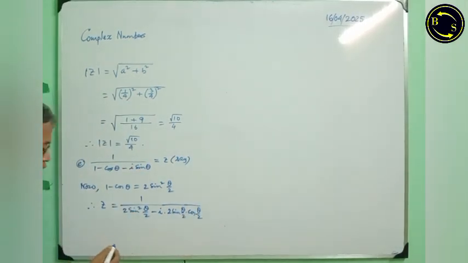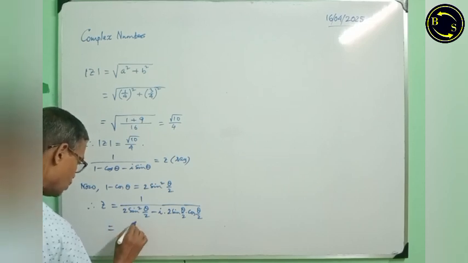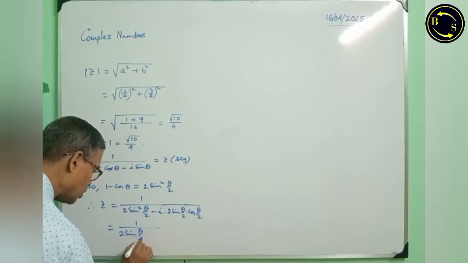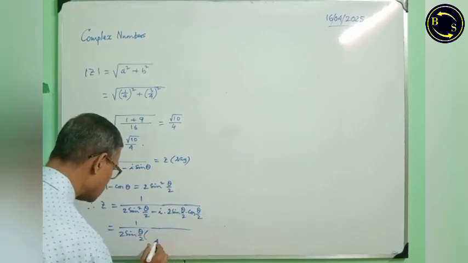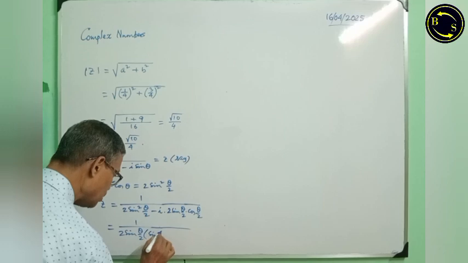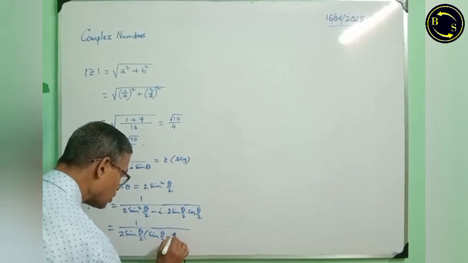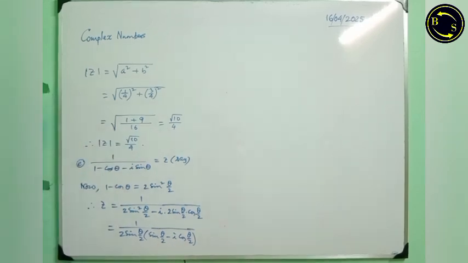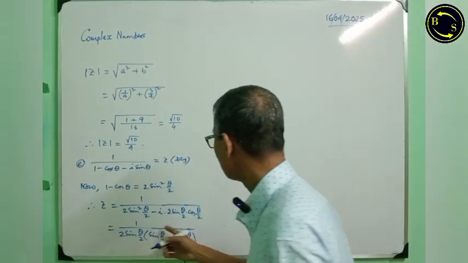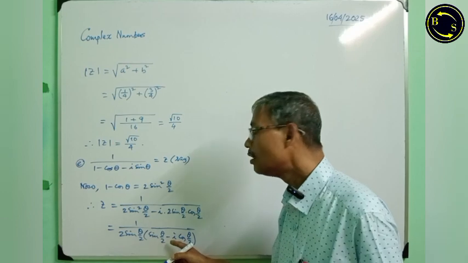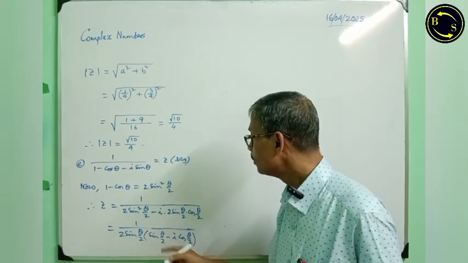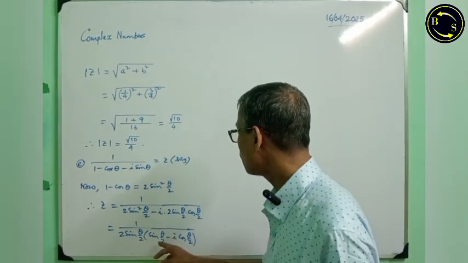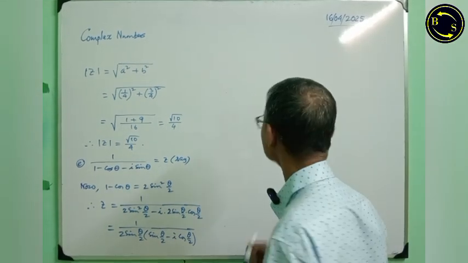Then 2 sin theta by 2 is the common factor: 1 by 2 sin theta by 2, within brackets it will be sin theta by 2 minus i cos theta by 2. Here this part is of the form a minus ib. Therefore, we have to multiply both numerator and denominator by sin theta by 2 plus i cos theta by 2.